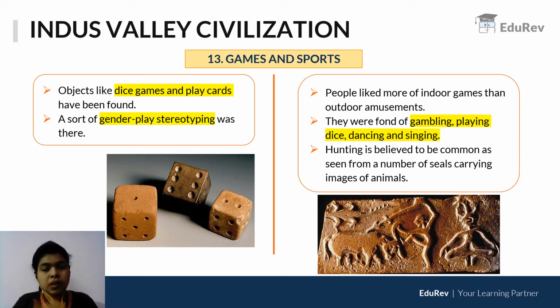Now, if you take hunting, it is believed to have taken place for a long period of time, because it was evident in a large number of seals. So not just for food, they also hunted as a means of entertainment. And they were very fond of gambling, playing dice, dancing, and singing.